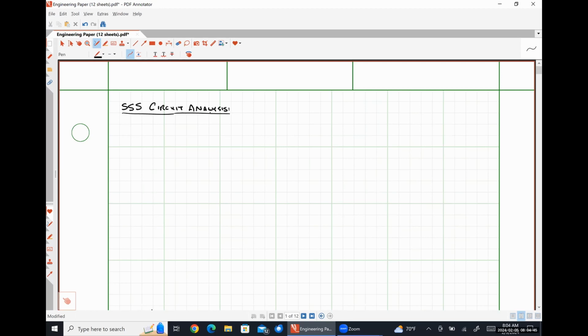And this is the circuit that I want to analyze first. So I'm going to have some sinusoidal voltage source Vs of t. Here, let's put some resistance. Let's say that this is going to be 10 ohms. This will be a current source.